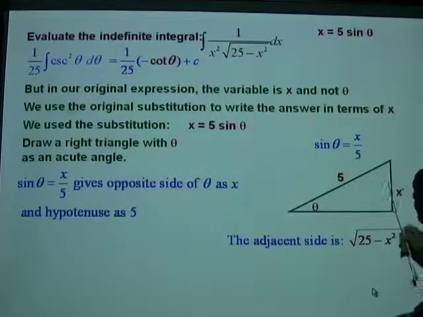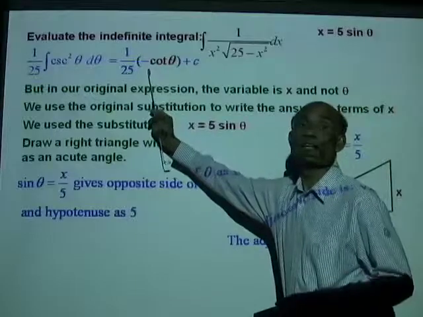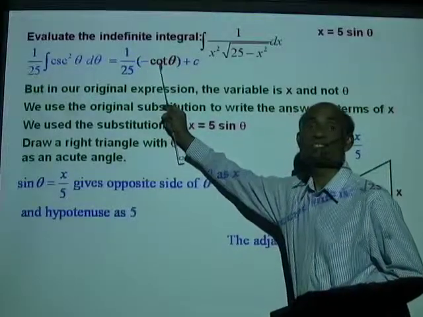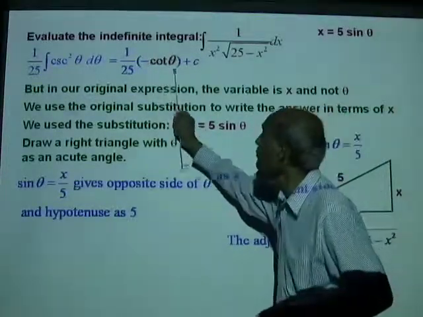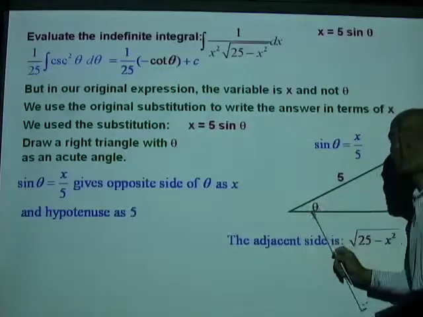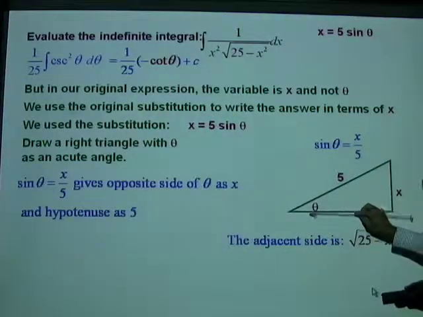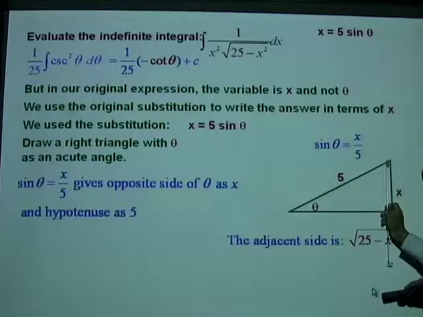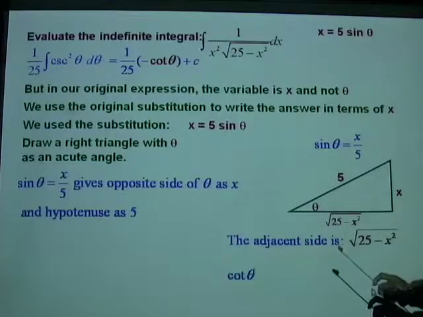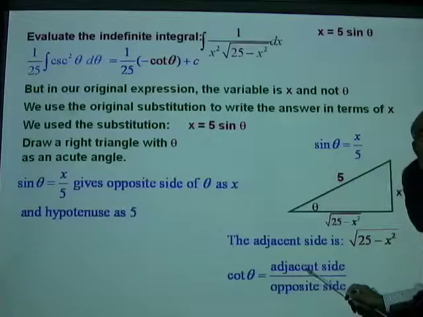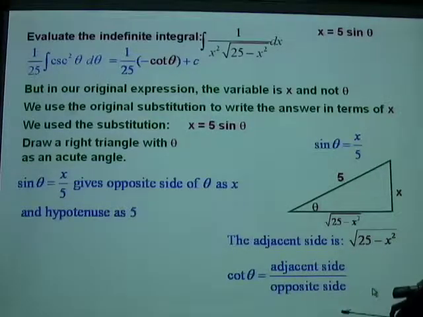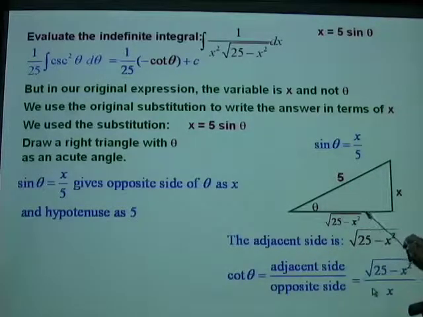So we can now use this to obtain these quantities in terms of x. What is cot theta equal to? Cot theta is adjacent side over the opposite side. Is that right? Yes. So cot theta will be square root of 25 minus x squared divided by x.